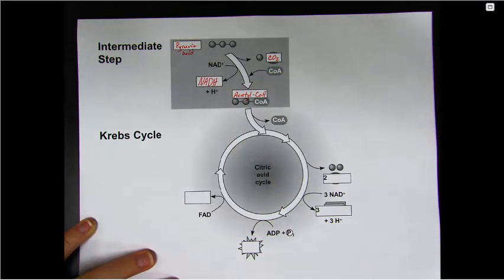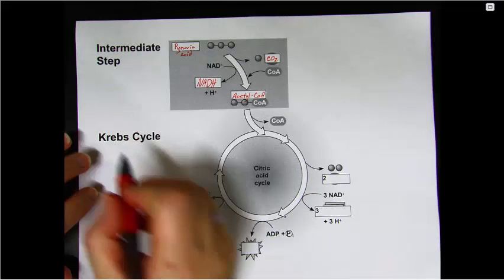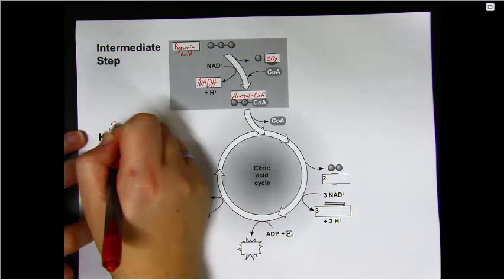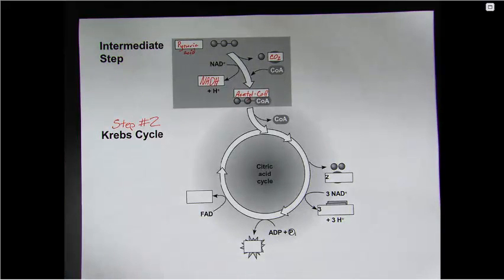Now, acetyl-CoA is used in the Krebs cycle, which is also called the citric acid cycle. So the Krebs cycle would be step number 2 in cellular respiration.